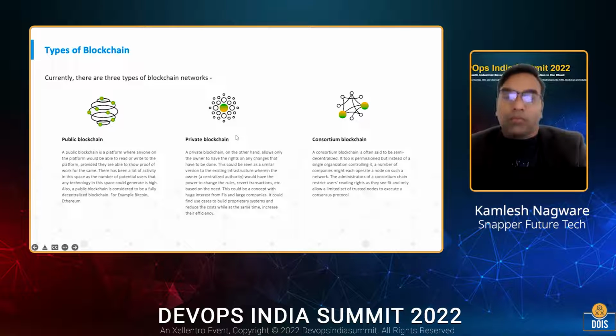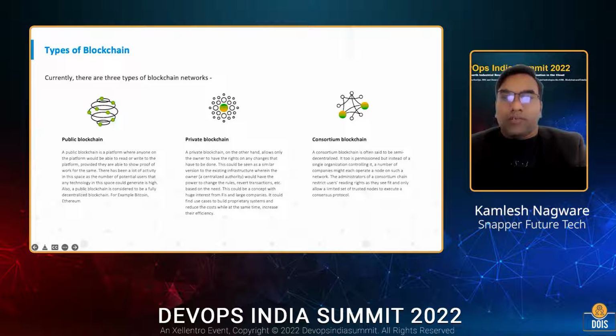Then private blockchain comes into the picture when, as per the business or enterprise need, you could create your own blockchain. For example, if you are a banking system, you could create your own system. If you are a supply chain company working with a couple of suppliers and buyers, you create your own system to onboard all your suppliers and buyers and then do your business on that platform, because it will bring trust and transparency in the system.